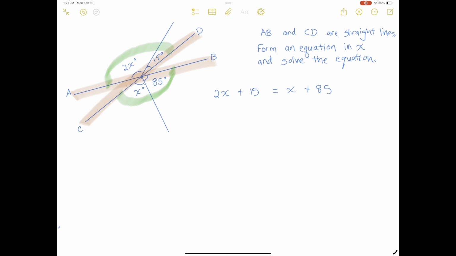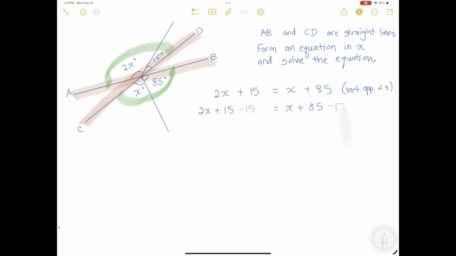And we write the axiom which supports this equation on the side using the abbreviated form. Vertically opposite angles are equal. Now we solve for x by gathering the variables on the left-hand side of the equation and the numbers on the right-hand side. I rewrite the equation on the next line, giving plenty of space to show work.